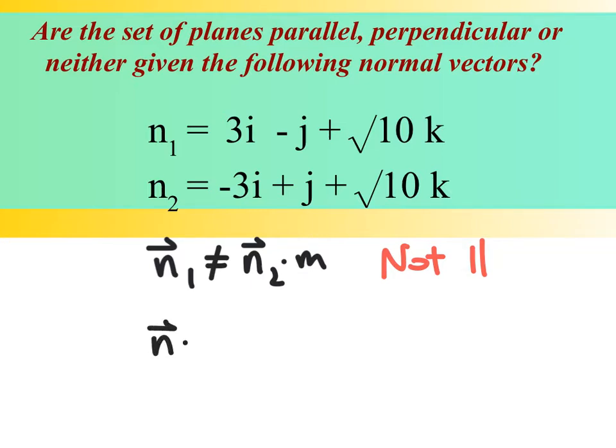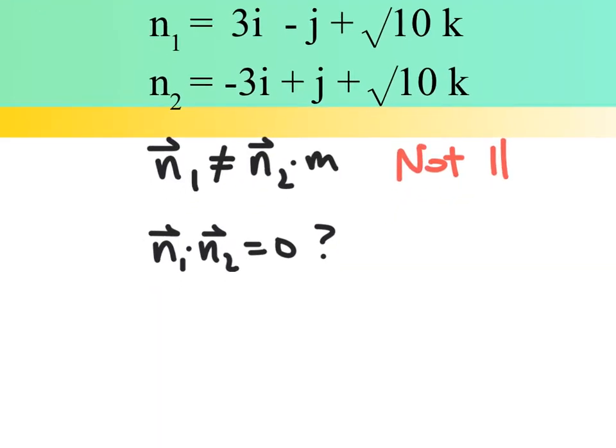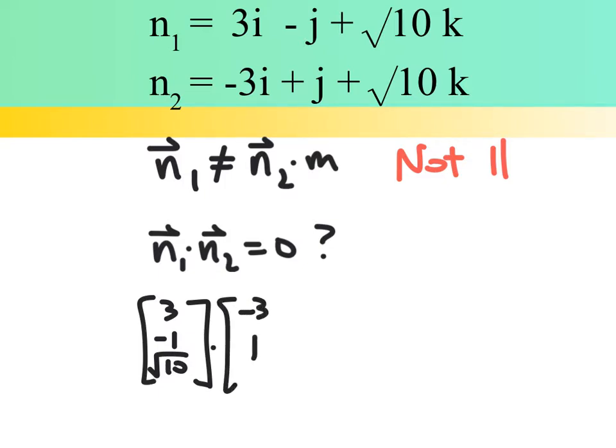So I'm going to take the dot product of the first and the second and see if it equals 0. So n1 is 3, negative 1, square root of 10, dotted with n2, which is negative 3, 1, root 10.